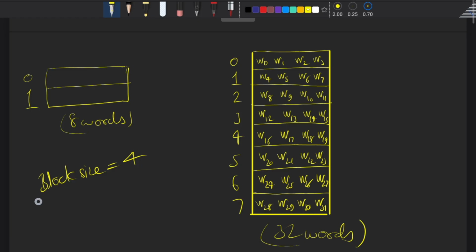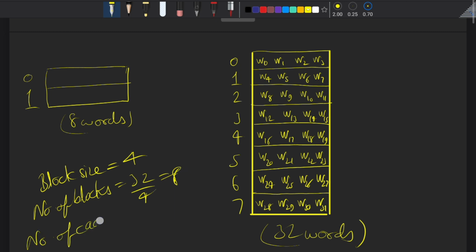As we did in direct mapping, the number of blocks is equal to 8 in main memory, and the number of cache lines is equal to 8 divided by 4, that is 2 cache lines in cache memory.